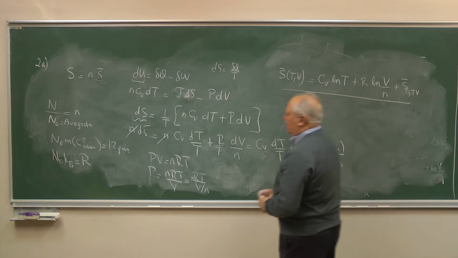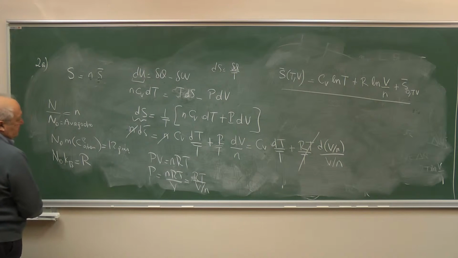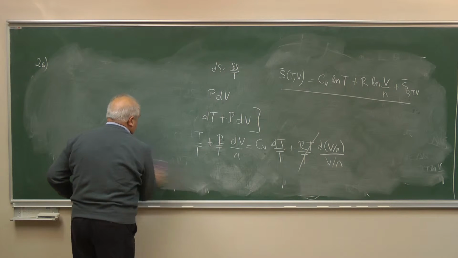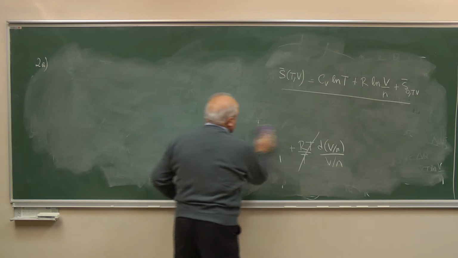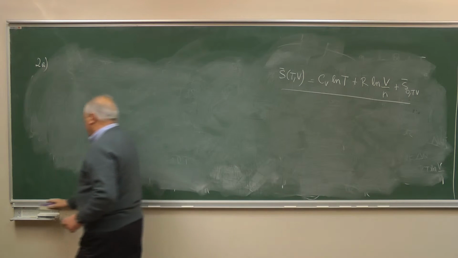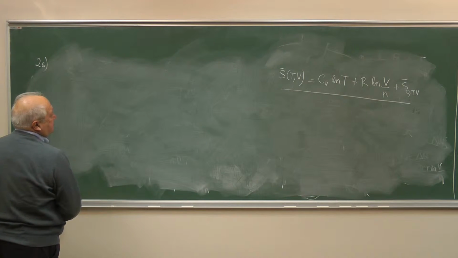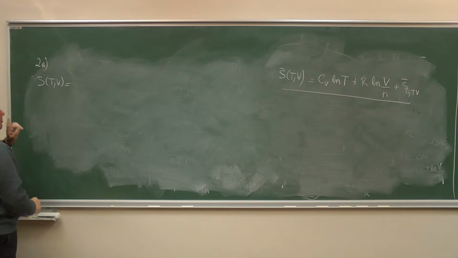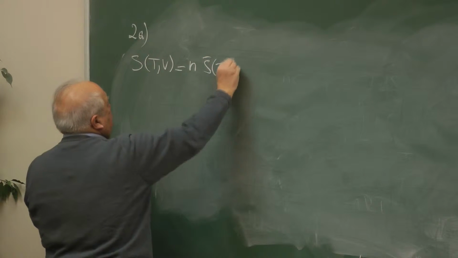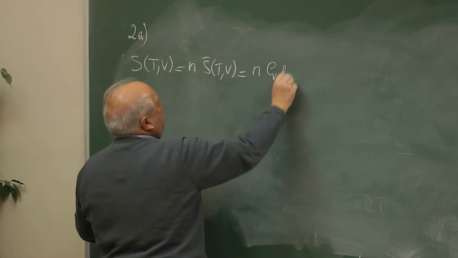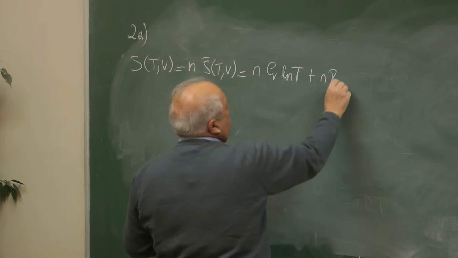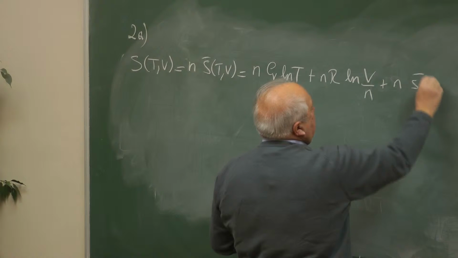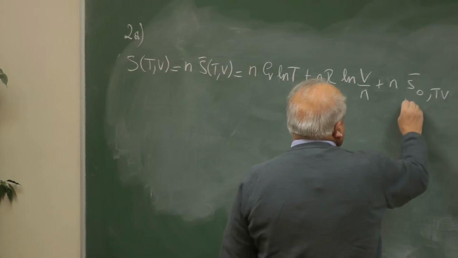All right. So let me write this important result here. S of T, V, I'm writing this as n S bar of T, V. That's equal to n CV log T plus n R log V over n plus n S0 of T, V. So this is the entropy constant.